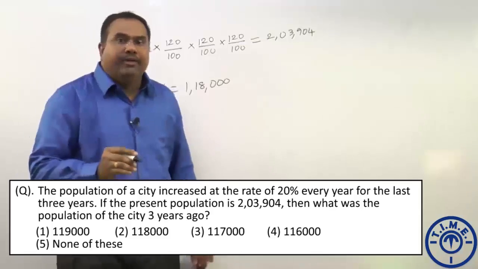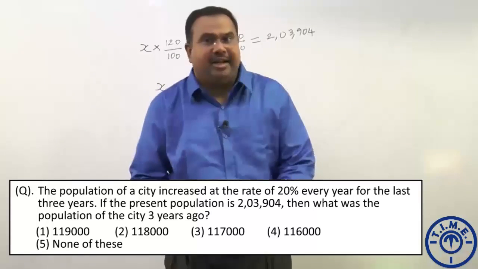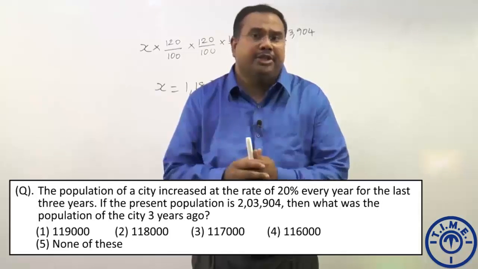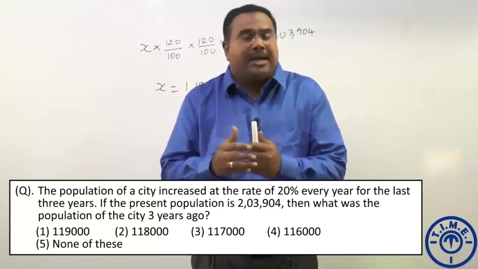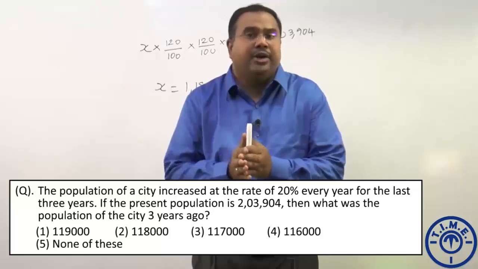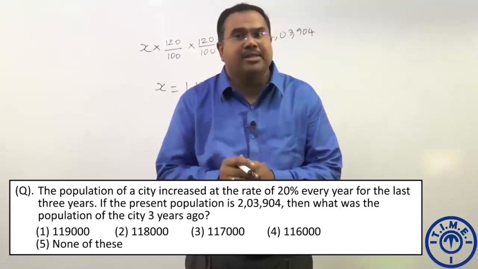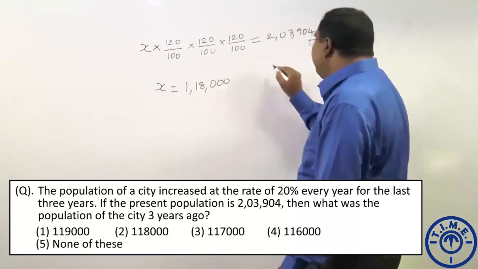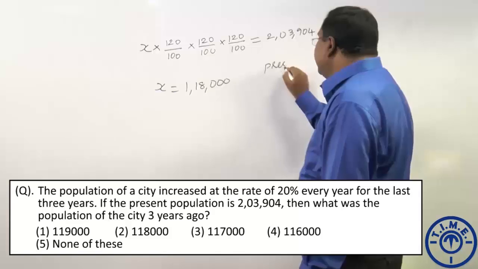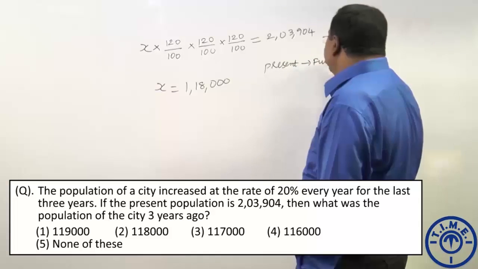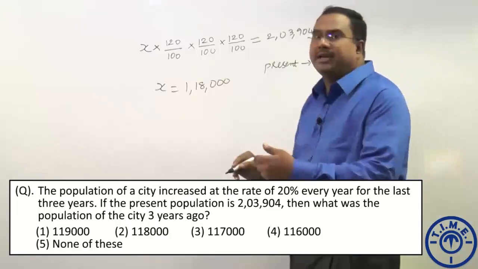Now, present population is given, we can find out the future population. Similarly, present population is given, we can also find out the past population. We can represent this using formulas. Let us look at here. Present population is given and it is asking you the future population, that is population after 2 years, after 3 years, after 4 years, after 10 years.